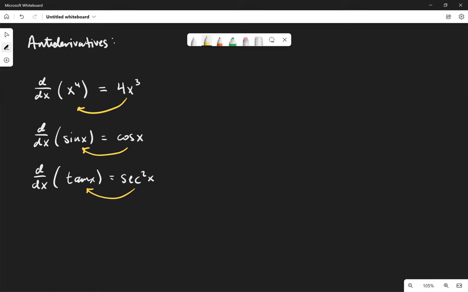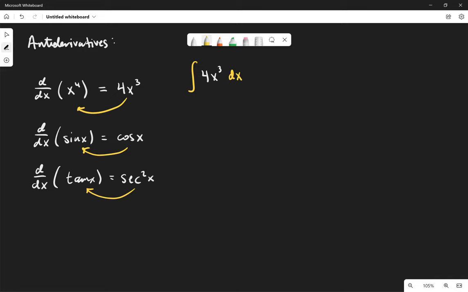So here's the symbol we use when we write this: a big curly S, and I put a function inside, with a dx at the end of it. This is just notation, don't let it freak you out. It's actually going to make sense in a couple weeks why this notation is the way it is.